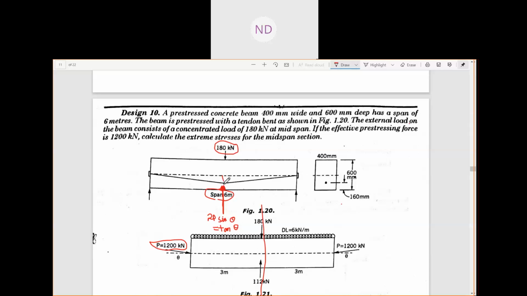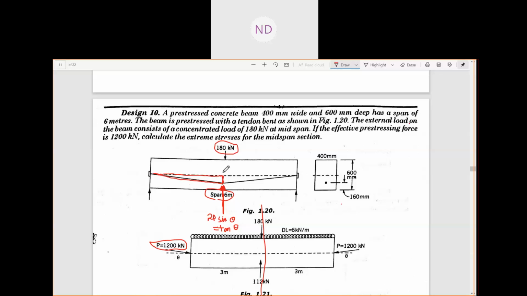Considering this triangular portion, tan theta will be this divided by this.